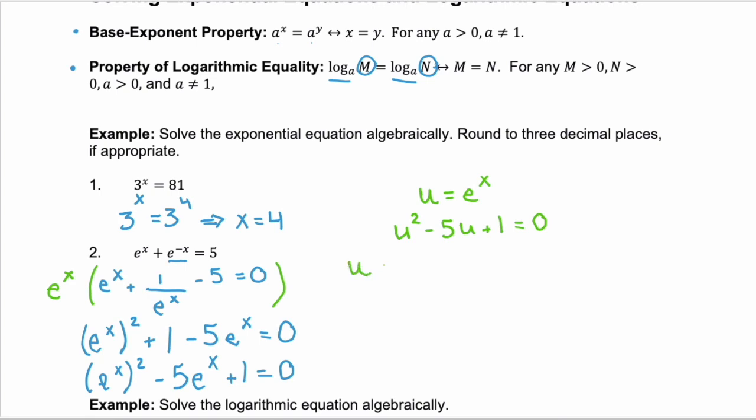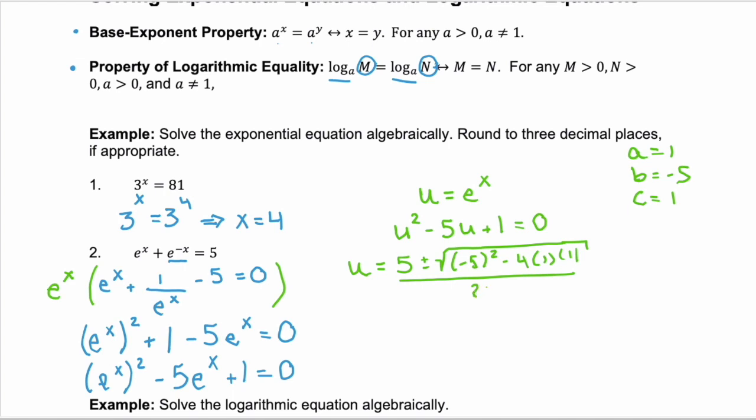And that'll tell us that u equals negative b. How about we write our a, b, and c down? A is 1, b is negative 5, and c is 1. So negative b would be 5 plus or minus the square root of b squared minus 4ac over 2a.